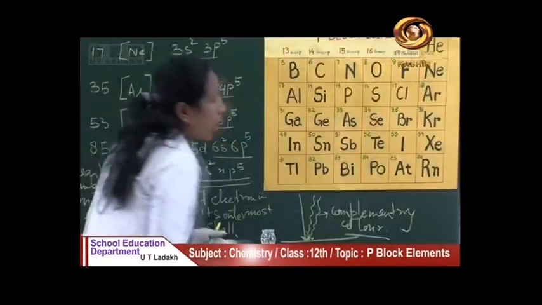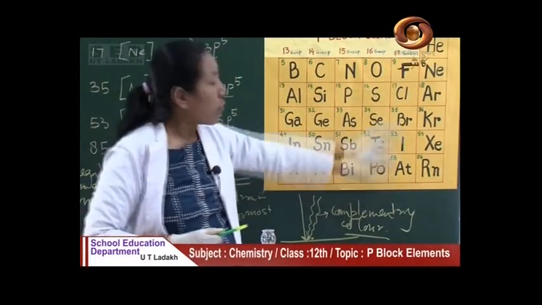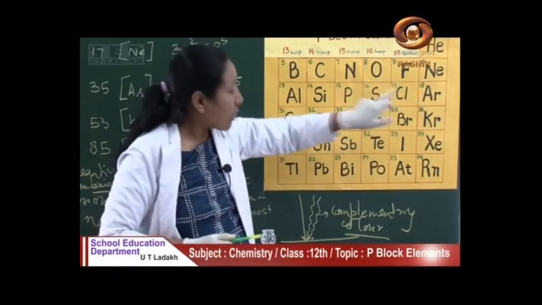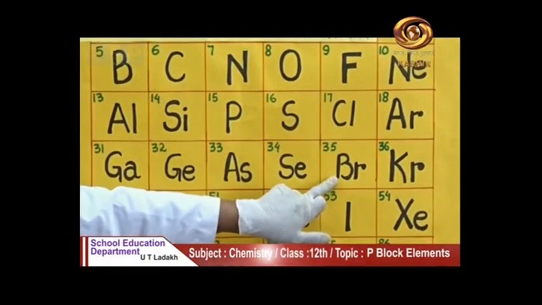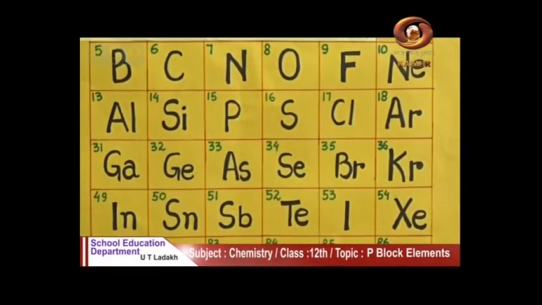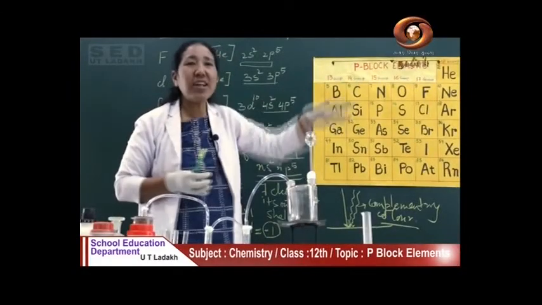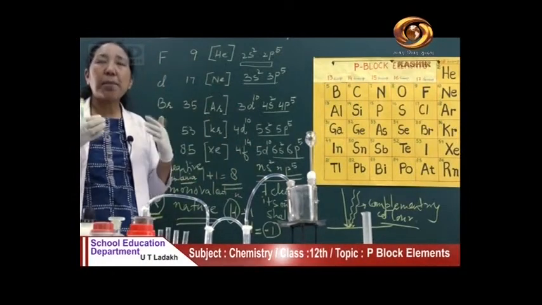That is why all the halogens are colored in nature. For example, fluorine is light yellow in color, chlorine is greenish blue, bromine is brown, and iodine is violet. So halogen family atoms form a number of compounds.